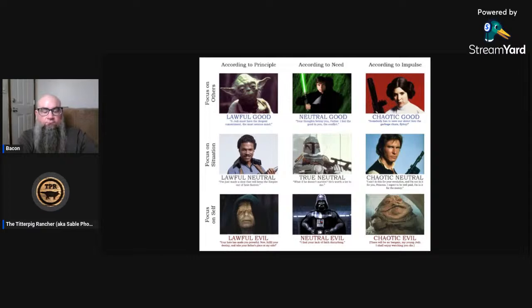The farther you get towards the extreme of any particular alignment, the harder it is to move towards that alignment. It's always easier to fall back towards true neutral. Given the actions of each particular player in their individual session, I will roll them on the alignment chart, and their alignment is something that I track.